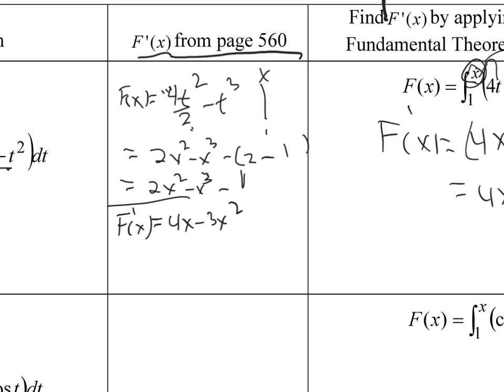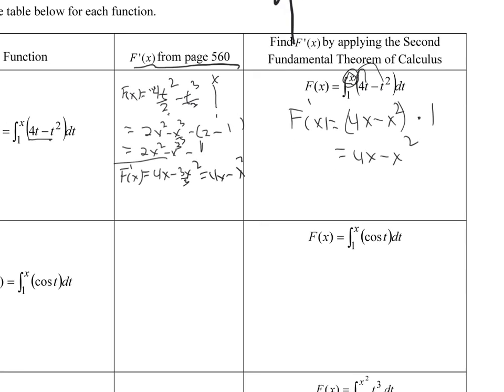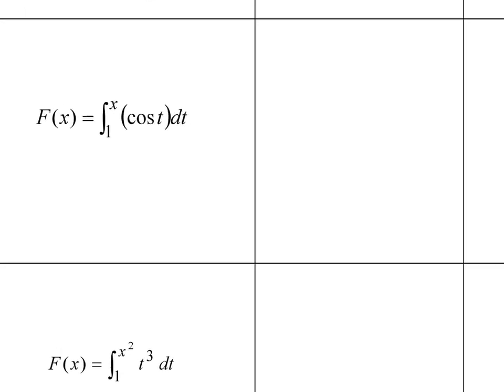T cubed over 3. Forgot the over 3. There it is. So that becomes over the 3, and that's 4x minus x squared. Okay. I told you, if I get it right.